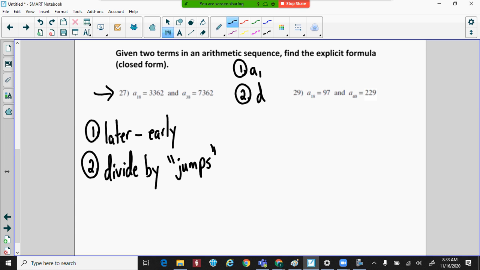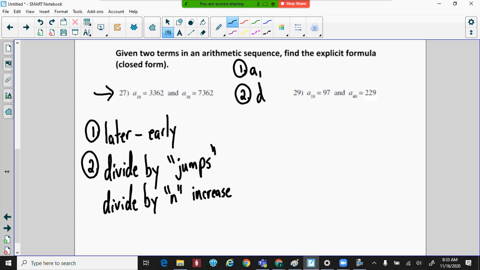If it's not, then you might need to check out a video from the previous week. But since I'm not given an actual sequence, I can't really know how many times I jumped, so here's what you can do. You can divide by the n increase.